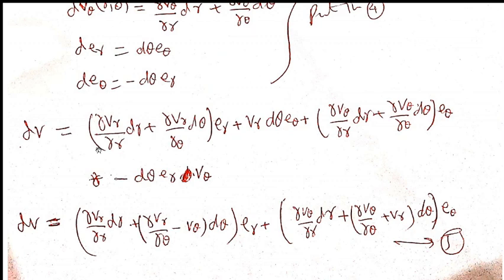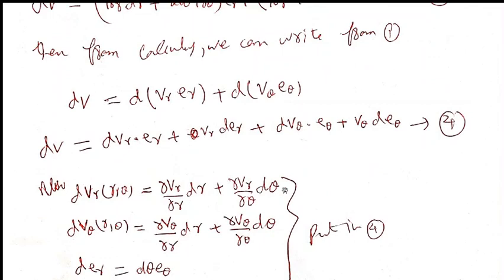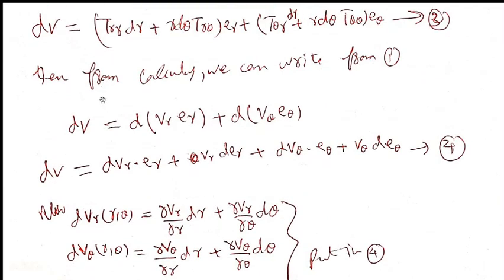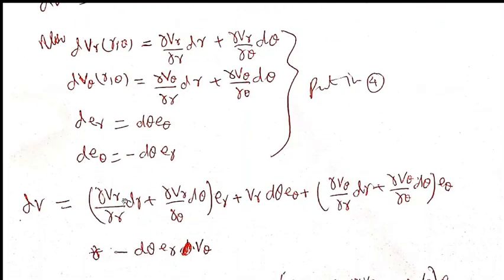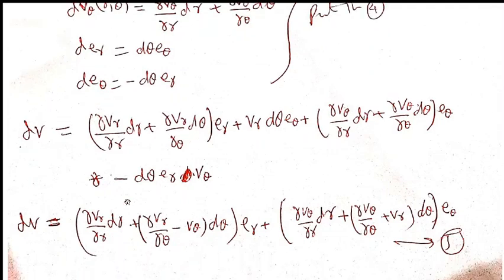On the left side we have dv for both equations, then on the right side we will compare the coefficients of Er and E theta, or the coefficient will be 0. Moreover you can see that here we have dr, d theta, dr and d theta, and here also we have dr, d theta, dr and d theta.